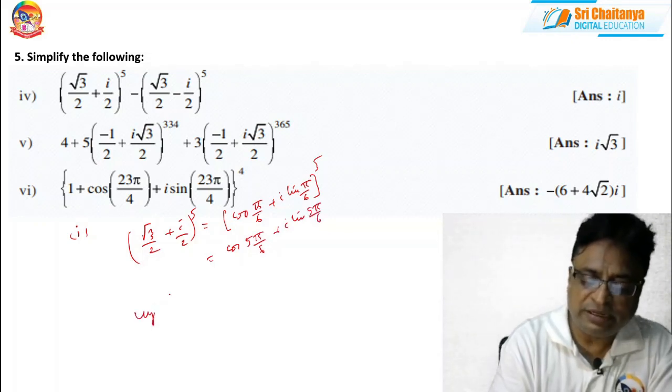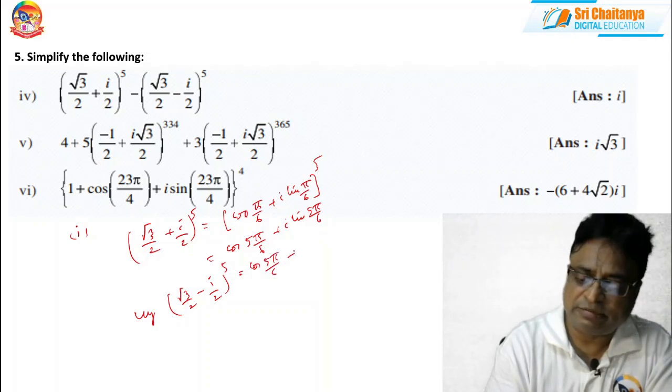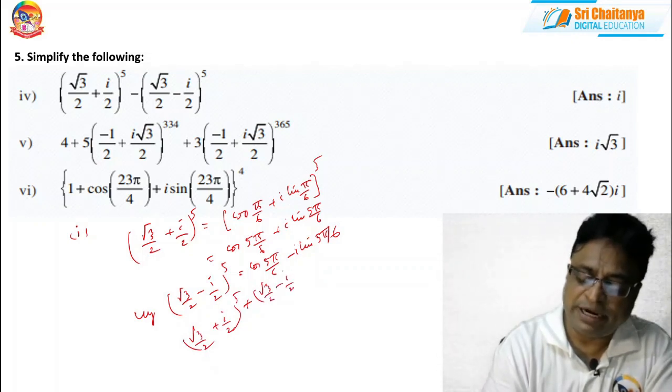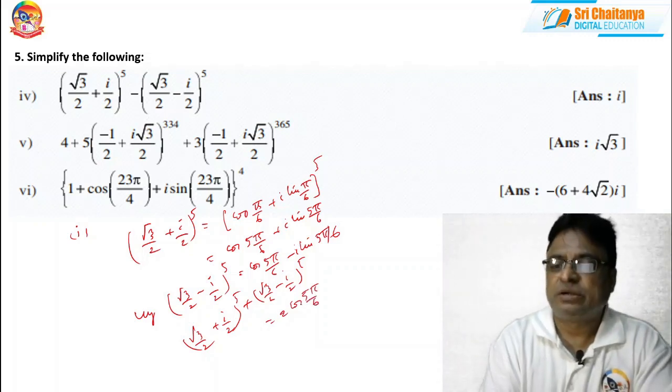So similarly, (root 3 by 2 minus i by 2) whole power 5 equal to cos 5 pi by 6 minus i sin 5 pi by 6. By subtracting these two, (root 3 by 2 plus i by 2) whole power 5 minus (root 3 by 2 minus i by 2) whole power 5 equal to 2i sin 5 pi by 6. Clear?